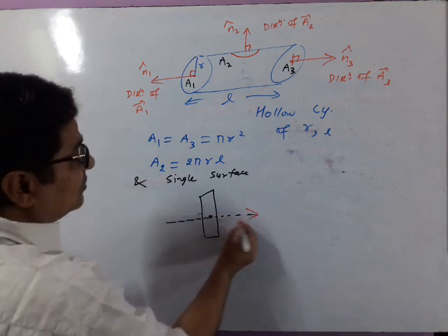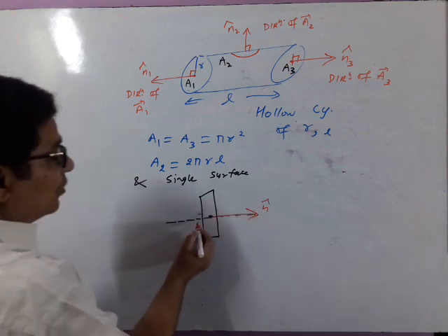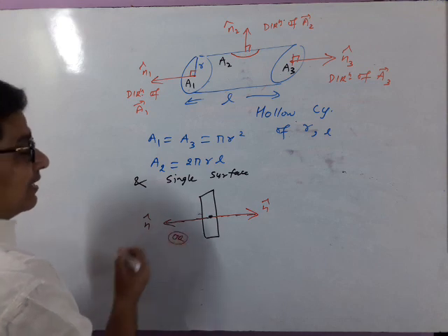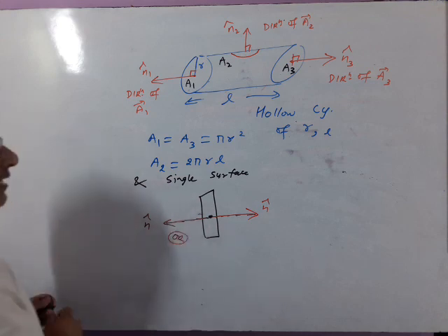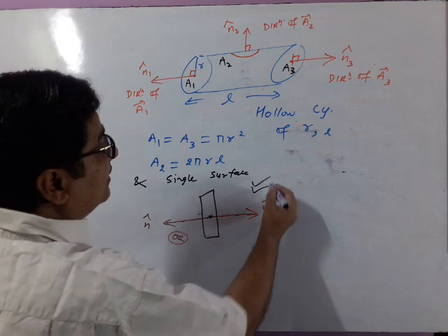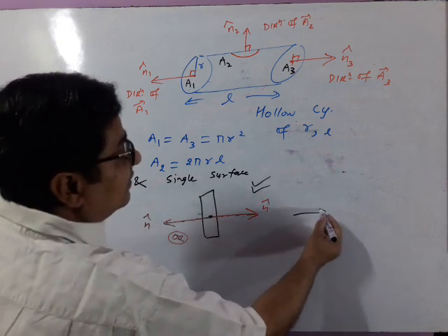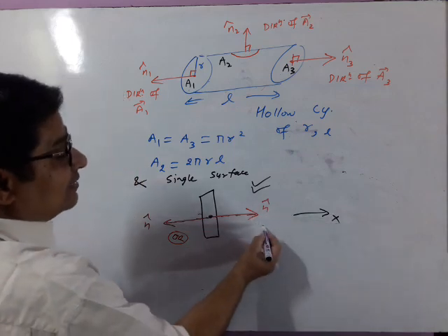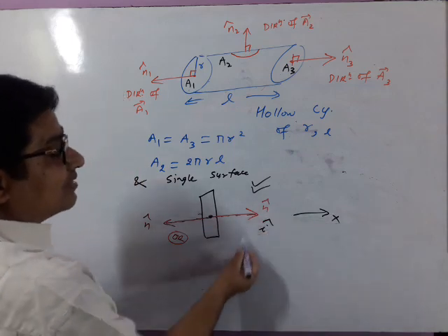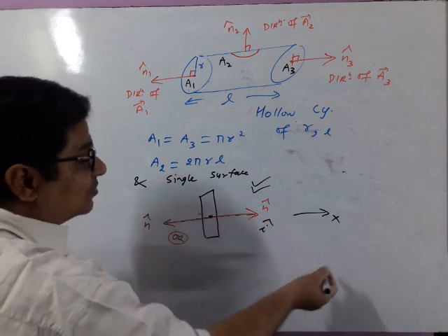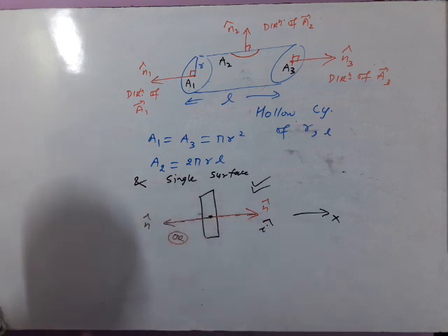You can write this one as normal or you can write that one as normal. But for simplicity, and nowadays it is becoming standard also, positive x direction, we write it as I cap. This one is taken for the positive x direction, for positive y direction or negative y direction.